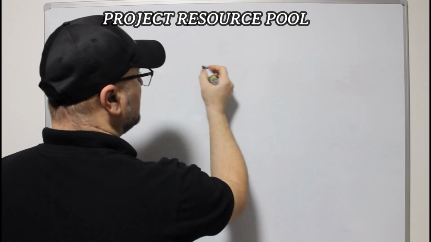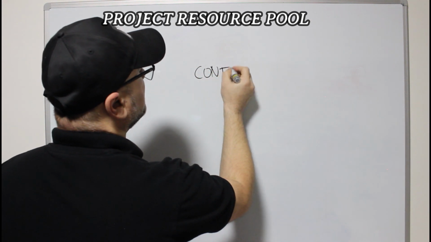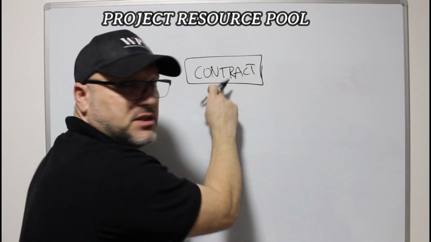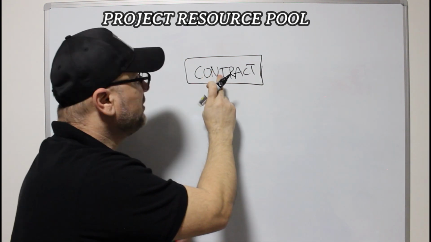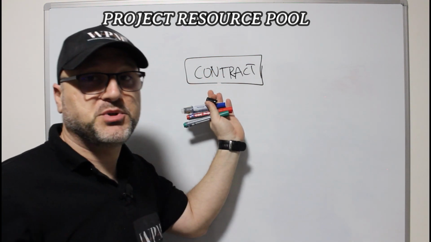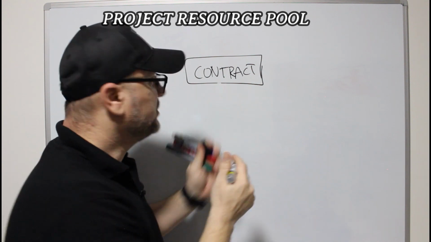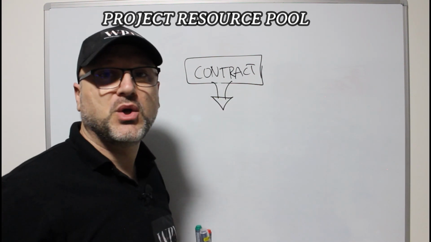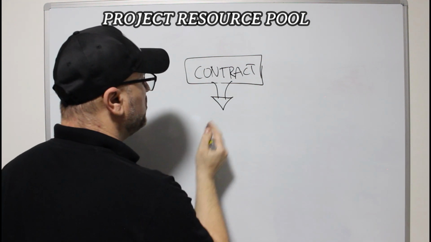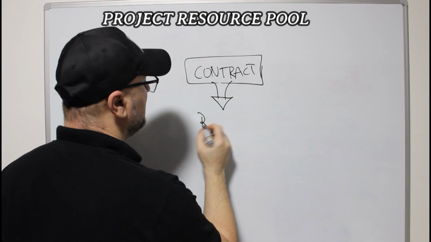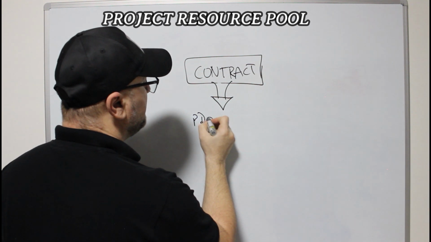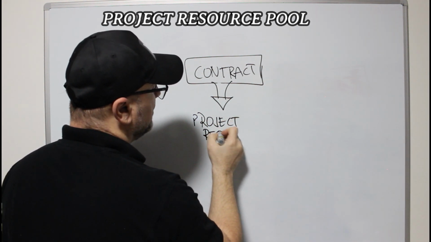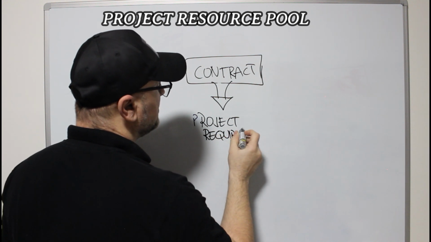So when you get the contract, as a project manager, you start reading this contract and you have some description, some scope in the contract. From this description, from this scope, you reach the point where you have the project requirements.